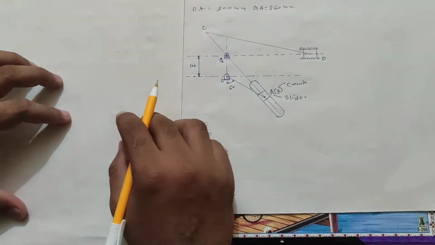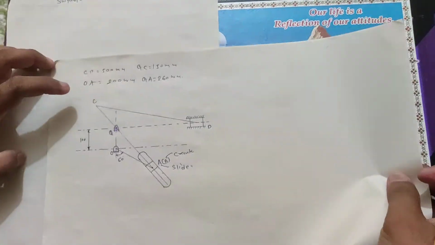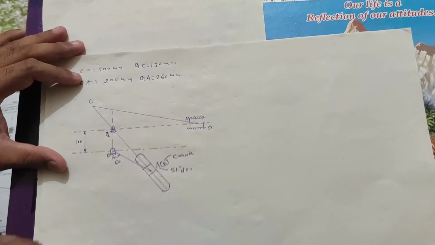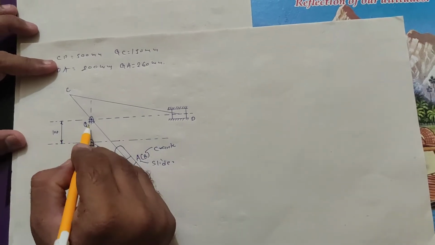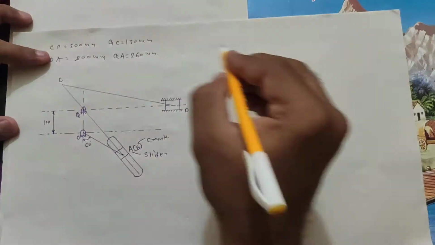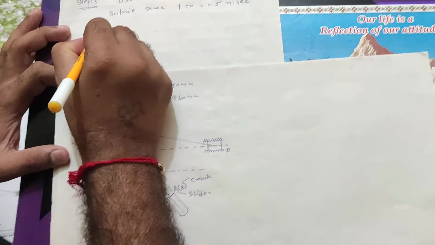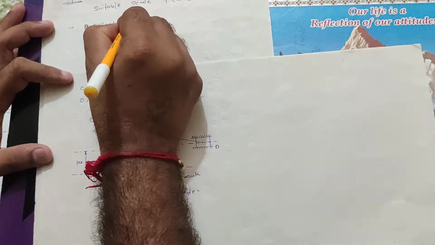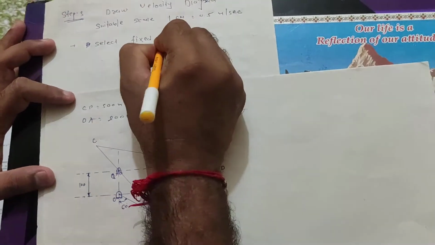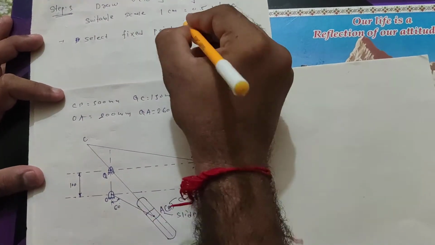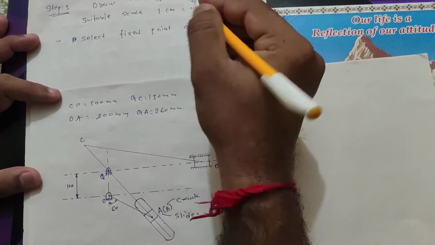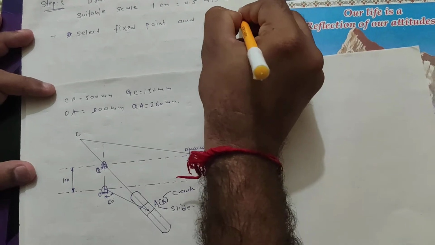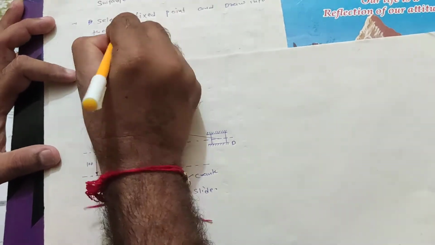First of all, before starting a velocity diagram, we have to find the fixed points. In this diagram, there are two fixed points, O and Q. Select the fixed points and draw them into the space.